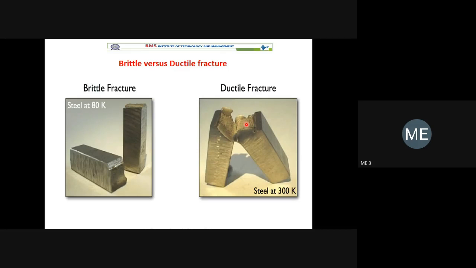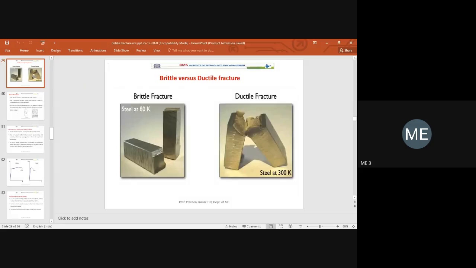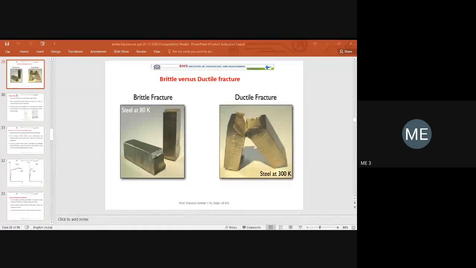To generate one surface, we require gamma s. To generate two surfaces, how much amount of energy is required? To create one surface, the amount of energy required is gamma s. To create two surfaces, what is the amount of energy required?